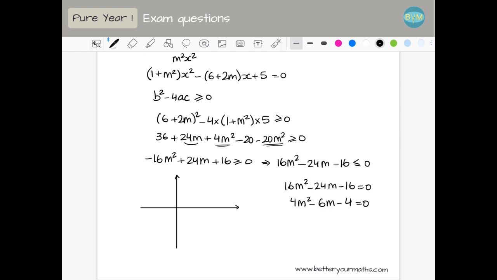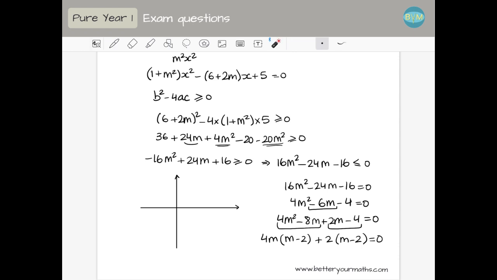So I can write this minus 6m as minus 8m plus 2m. I'm going to separate that, and then I'm going to factorize the first two terms and the second two terms. So I have 4m multiplying m minus 2 plus, I'm going to get 2 outside, m minus 2.